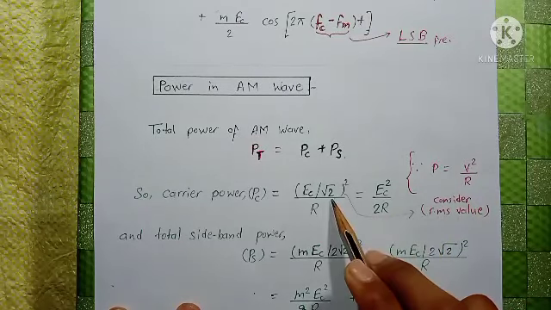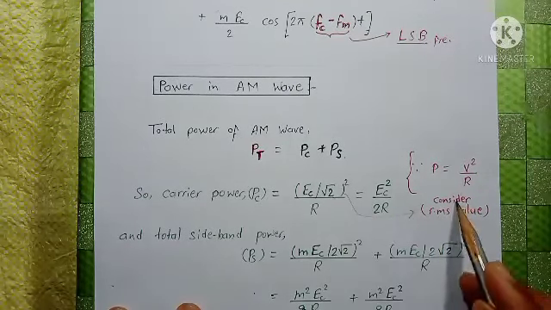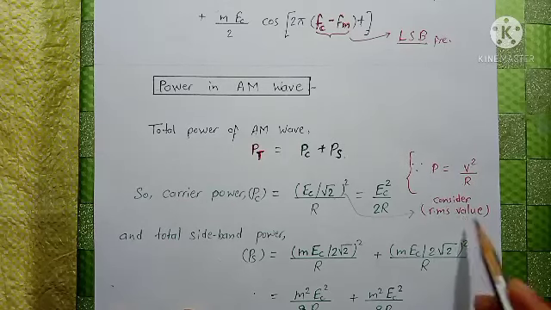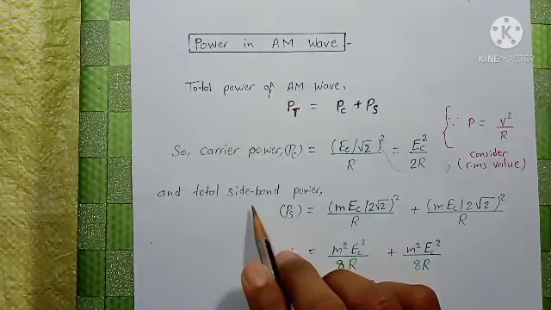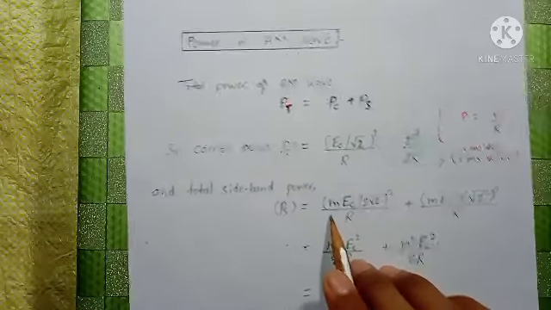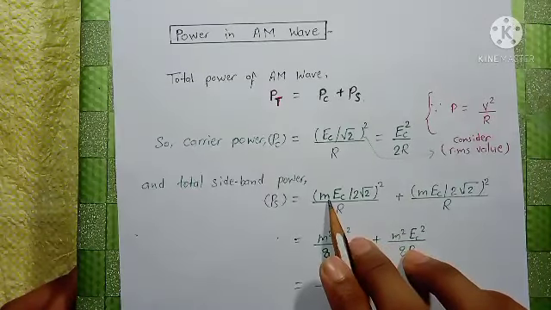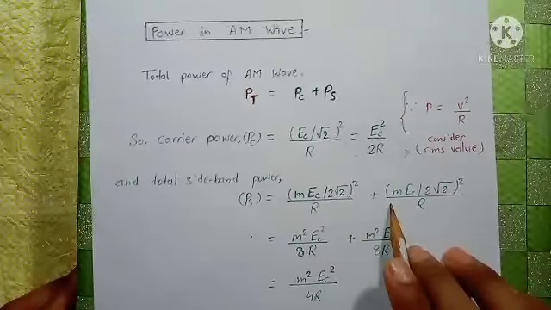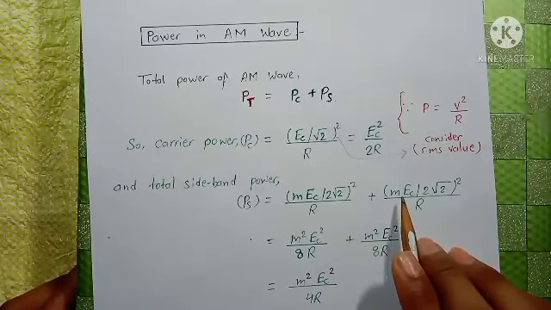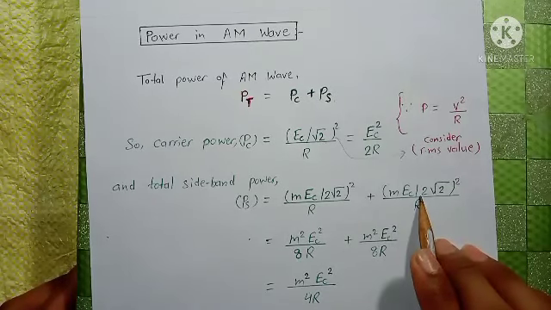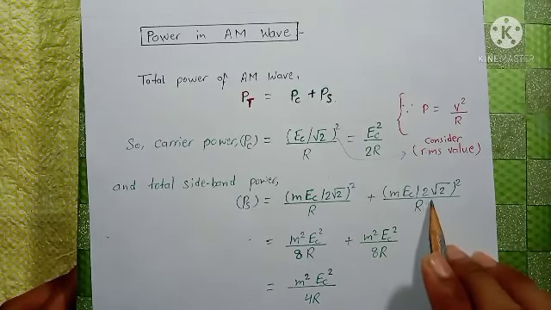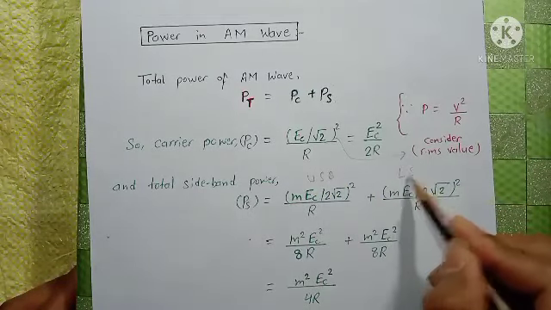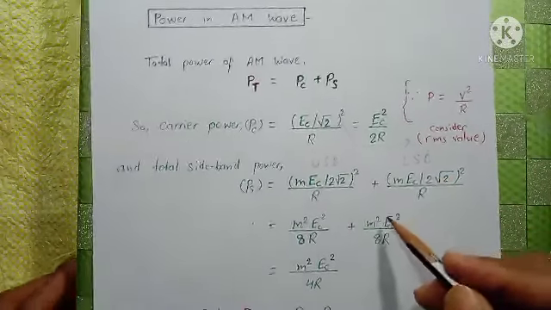Ec divided by root 2 is the RMS value of the EMF, and our total sideband power PS is equal to the square of mEc divided by 2 root 2, over R, plus the square of mEc divided by 2 root 2, over R, because this is our USB and this is our LSB.